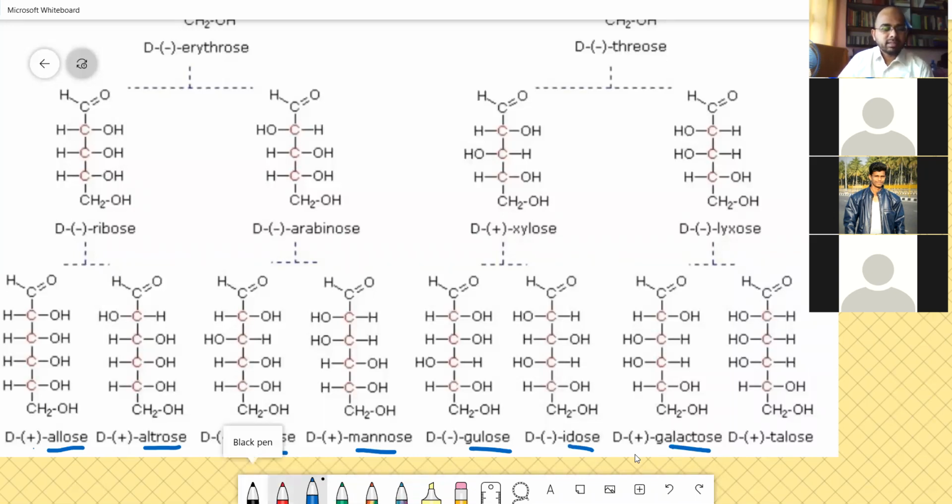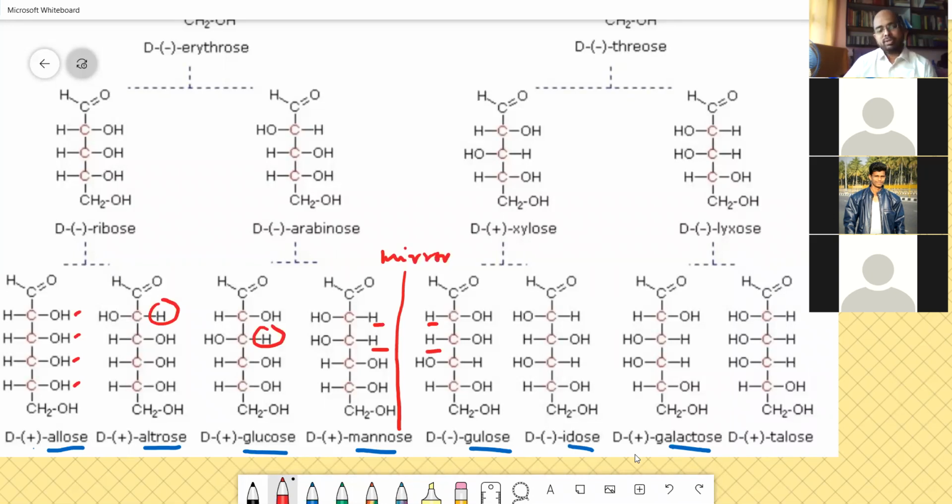You can see that the hydroxyl groups are on the same side. Here it has changed, and here both have changed, so here they appear like a mirror image. Like that you can have 32 isomers.